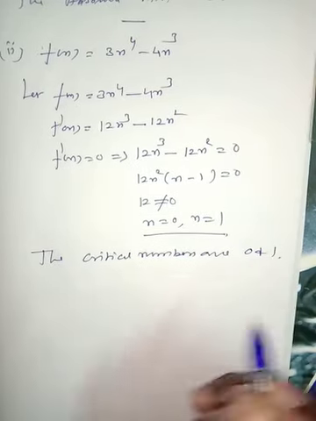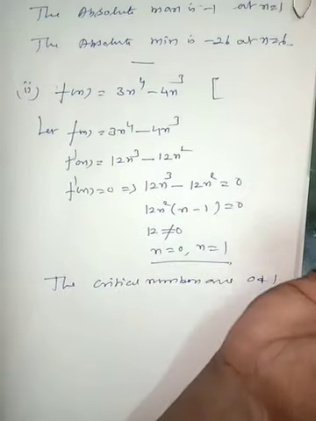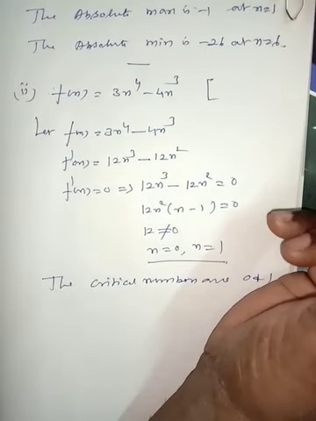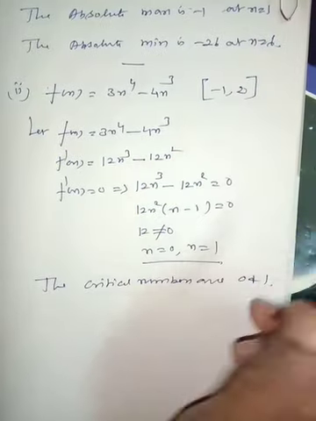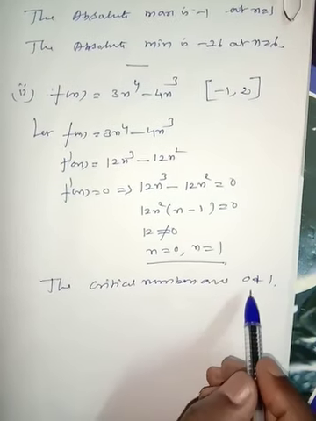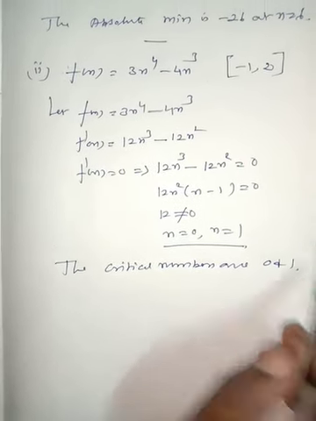0 and 1. Now the closed interval point is, in this case, minus 1 comma 2. So take minus 1, 2 and 0 and 1 in f of x.